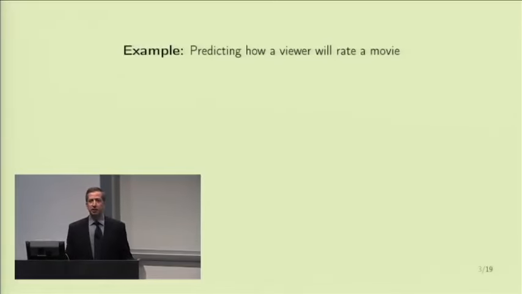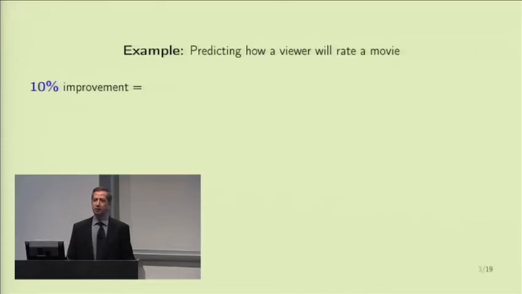The example of machine learning that I'm going to start with is how a viewer would rate a movie. Okay? Now, that is an interesting problem, and it's interesting for us because we watch movies, very interesting for a company that rents out movies. And indeed, a company, which is Netflix, wanted to improve the in-house system by a mere 10%. Okay?